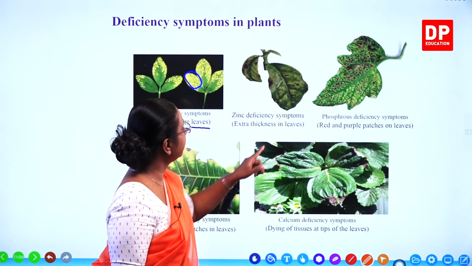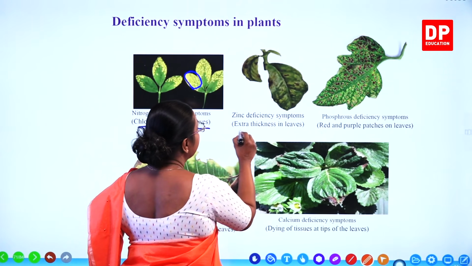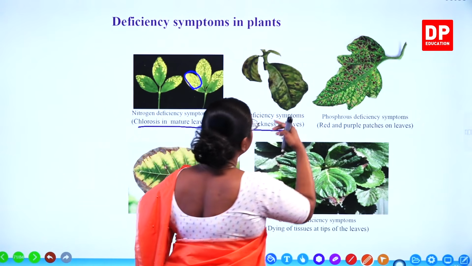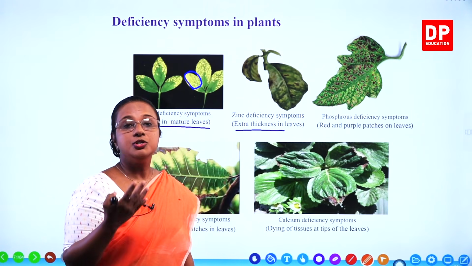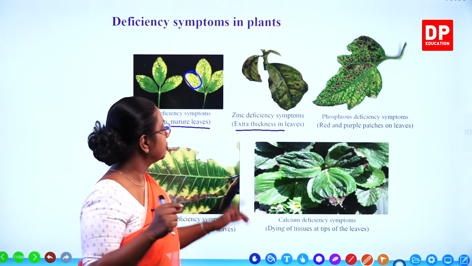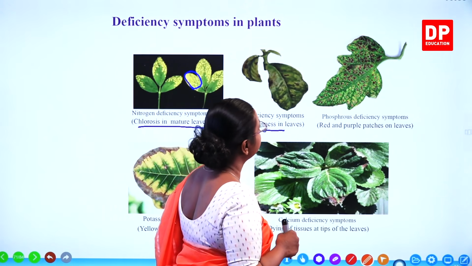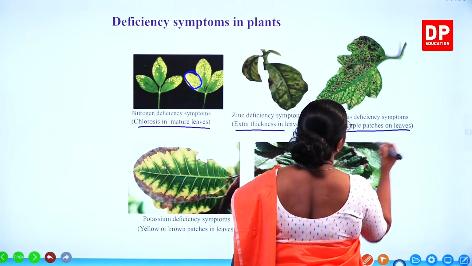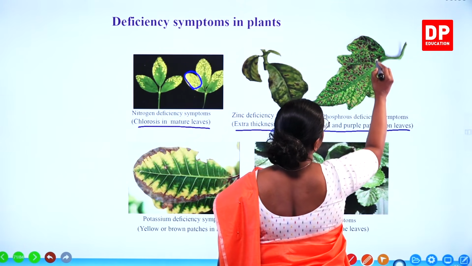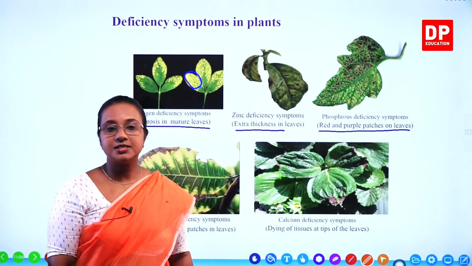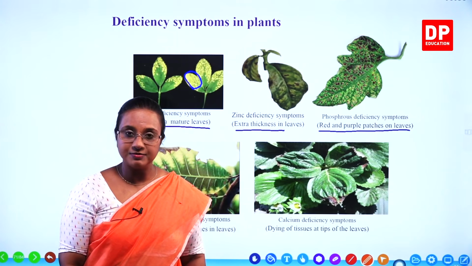Then, zinc deficiency causes extra thickness in the leaf. If you look at this leaf, it looks different from a normal leaf. This looks more thick. So, that is due to zinc deficiency. Then, phosphorus deficiency causes red. You can see all these dots. Those are the red and purple patches in the normal leaves.